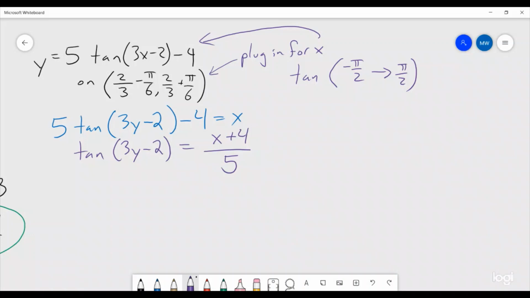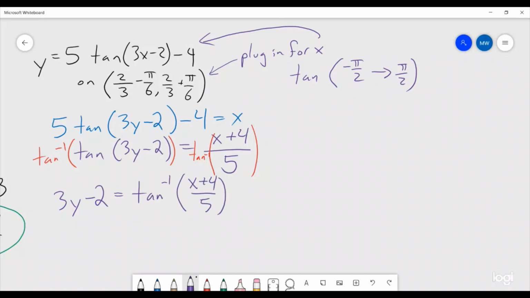If we weren't, we'd have to shift things by some units of pi to get them to be the correct inverse. But what we can do is we can now take the inverse tangent of both sides, and we would get 3y minus 2 is equal to the inverse tangent of x plus 4 over 5.